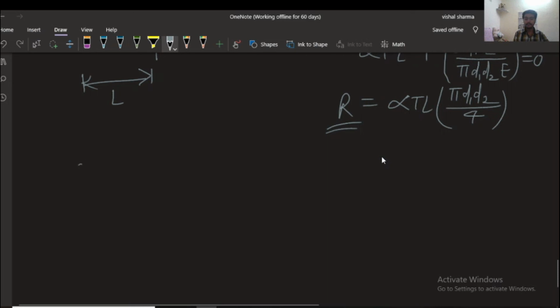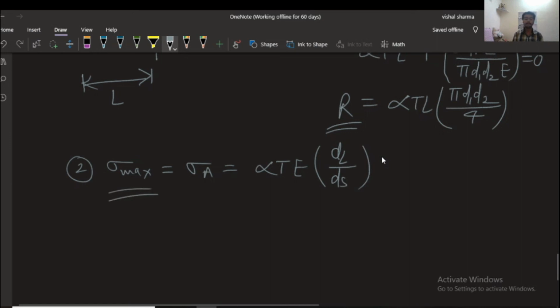The second one is the thermal stress. The maximum stress is given by the axial stress, which is equal to alpha TE into D larger upon D smaller. From this formula you can calculate the maximum stress in case of the conical bar.